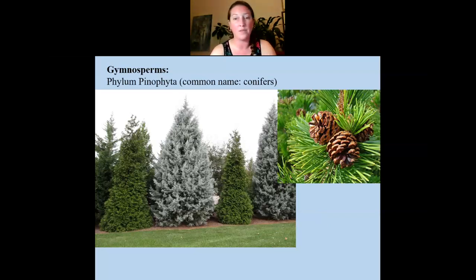I say that here because I like being thorough. Conifers are cone-bearing trees, so they have cones. If you've ever seen a pine cone, it comes from a pine tree. And a pine tree is a type of conifer, and that's a type of gymnosperm.